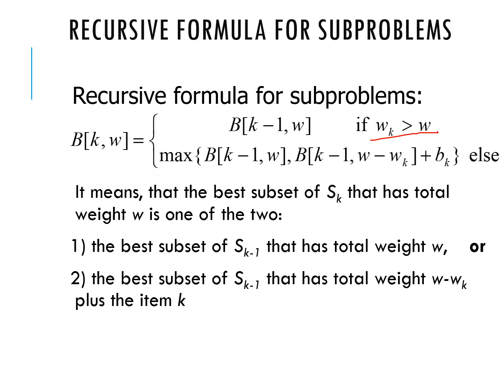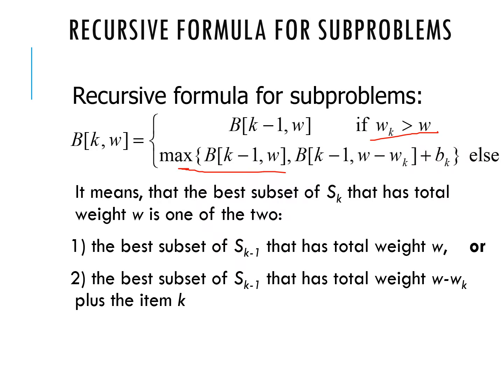In the same way, if you can pick the item, then you will find two solutions, and out of those two you will pick the one that gives you the maximum benefit. If you pick that item, then the benefit of that item will be added, and if you do not pick that item, then the previous solution would be the current solution.